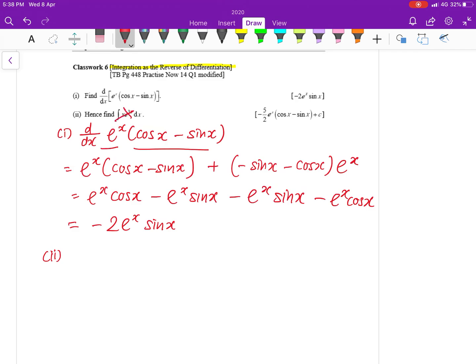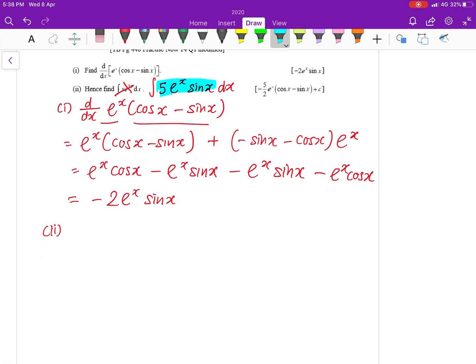So please help to change this question. The correct question should be integrate 5 ex sine x dx. This is the actual question. I think there's a typo in part 2.